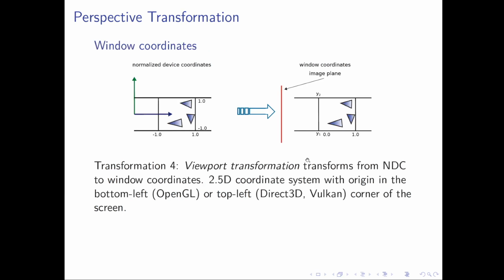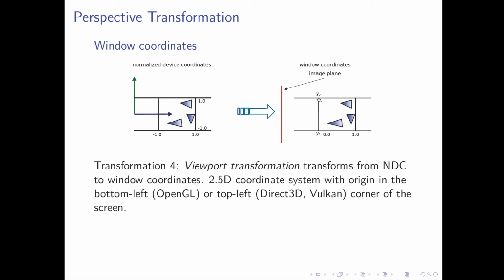Our final transformation is the so-called viewport transformation, which sees us going from normalized device coordinates to so-called window coordinates or screen coordinates. This coordinate system is actually not a 3D coordinate system anymore, but a 2.5D coordinate system. What does that mean?